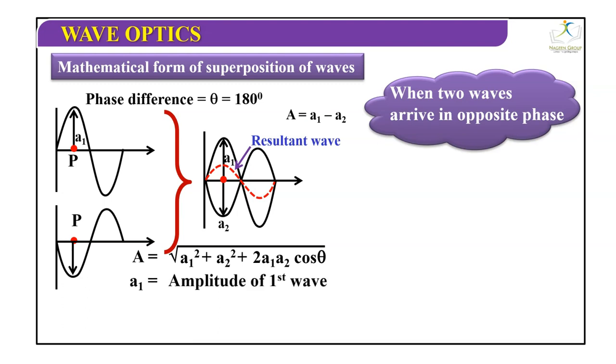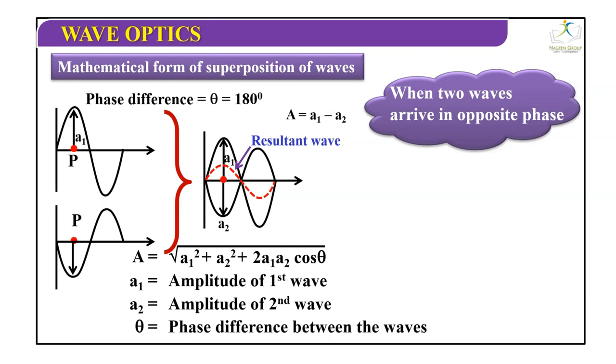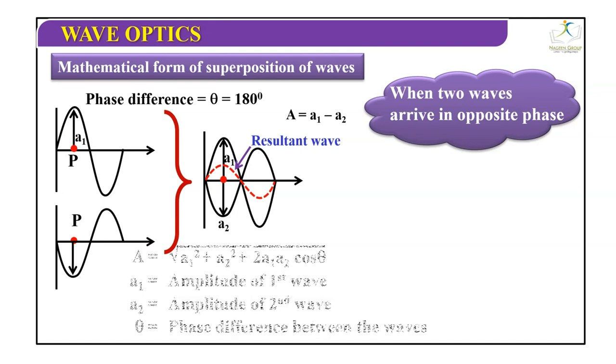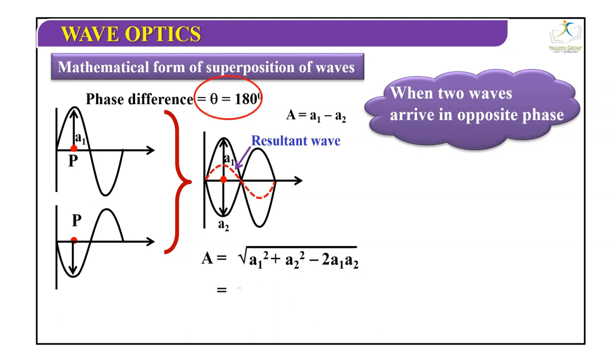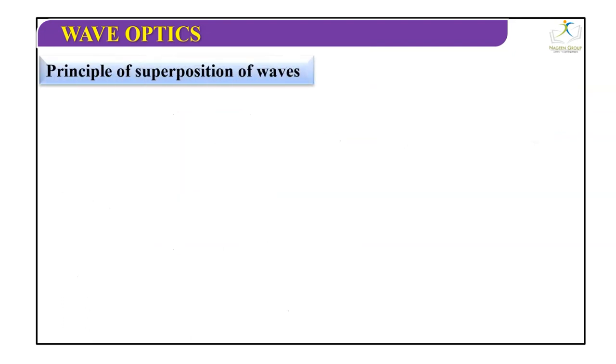So the relation comes out with a negative sign. A1 is the amplitude of the first wave, A2 is the amplitude of the second wave, and the phase difference theta equals 180. We put this value and get the result A equals A1 minus A2. I hope, students, you are understanding what I told and what I am explaining.